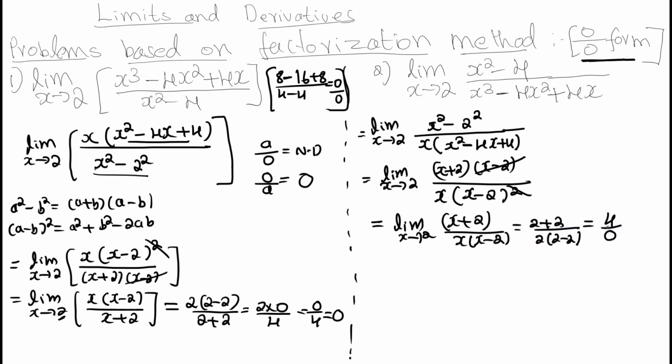We got 4 by 0, we know, right? Whenever the denominator is 0, the limit value is not defined. So we can write the conclusion as: therefore, limit does not exist. Okay, limit does not exist. Very simple reason: because the denominator is equal to 0, the value is not defined.